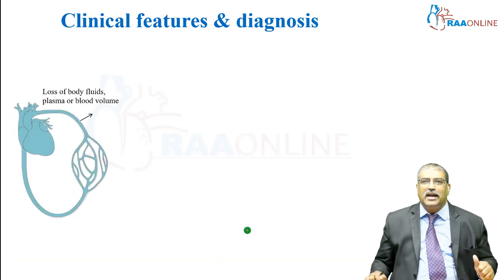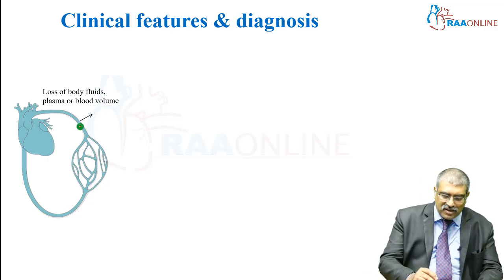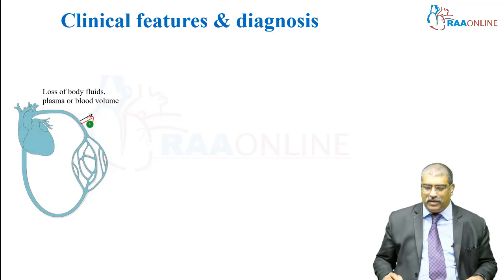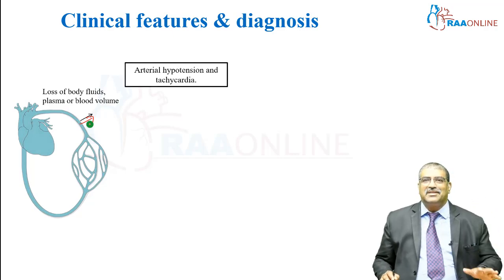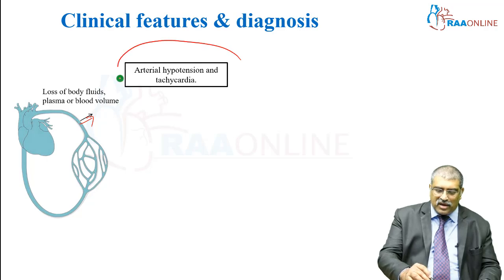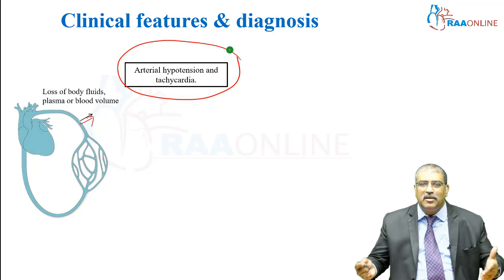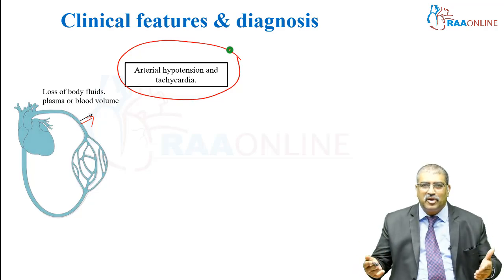Coming to the clinical features and diagnosis, there is going to be loss of body fluid, plasma and blood. Here the first sign is going to be hypotension and tachycardia. There is no volume in the circulation and your blood volume comes down. There is going to be hypotension.